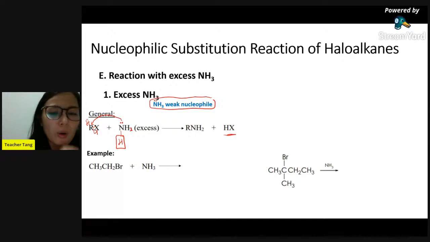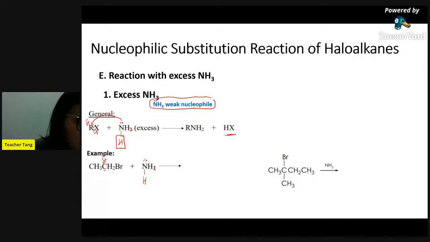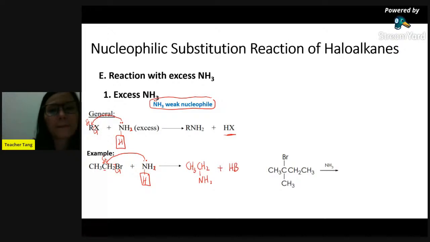So example, again, okay, I always explain like this. So this carbon attached to halogen, it is partially positive charge. So it will be attacked by the nitrogen using the lone pair, kicking out the halogen. The halogen that leaves will take the hydrogen. So the product that you get will be NH2 and the byproduct is HBr.